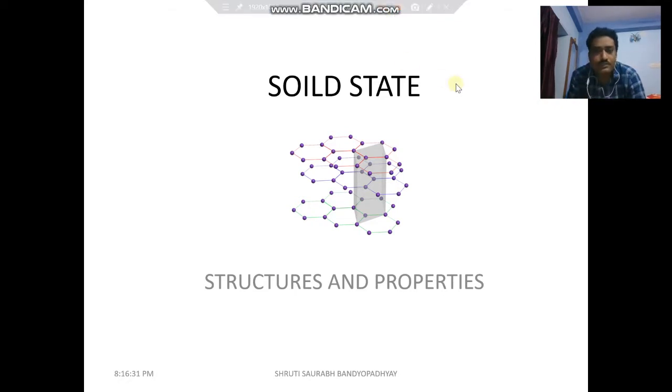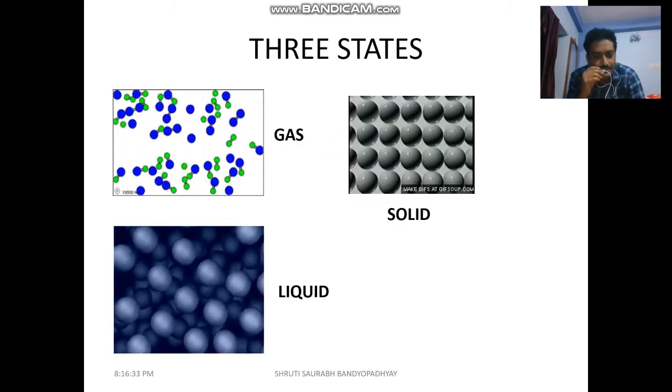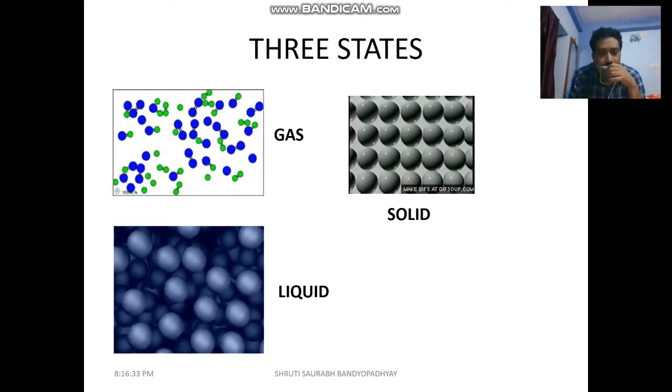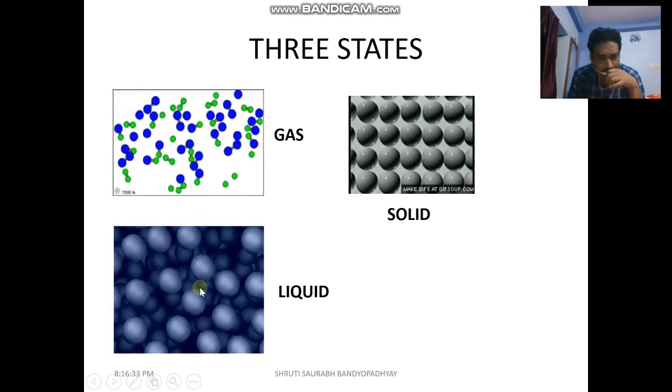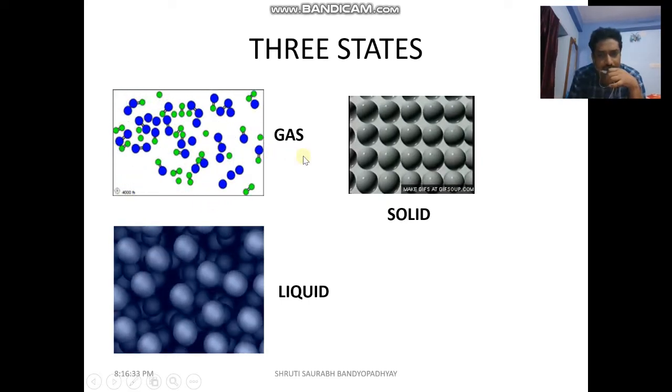So we first start with the three states of matter. Well, matter exists mainly as three states. We know that gas and liquid particles enjoy more freedom than particles of solid.